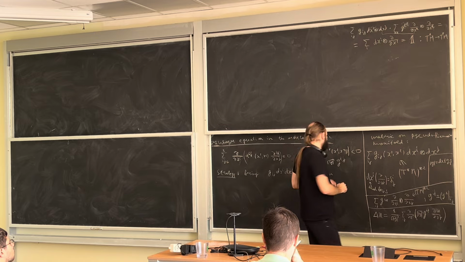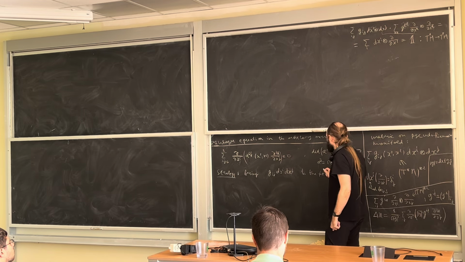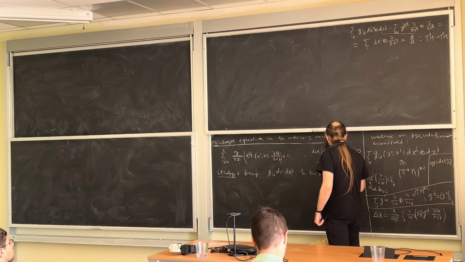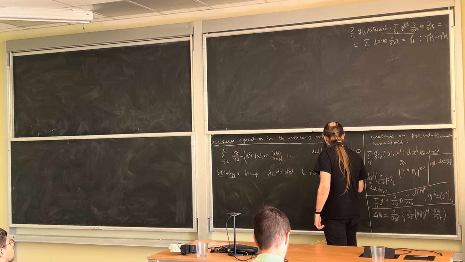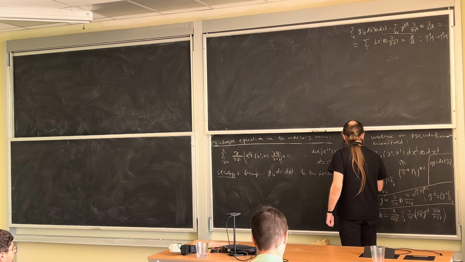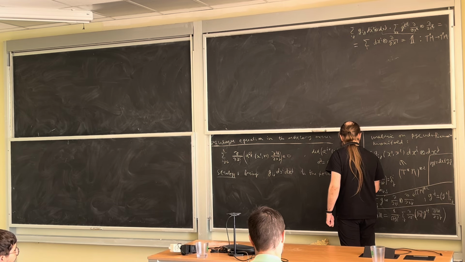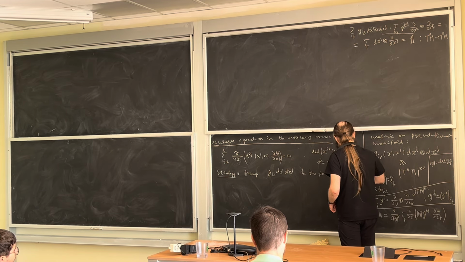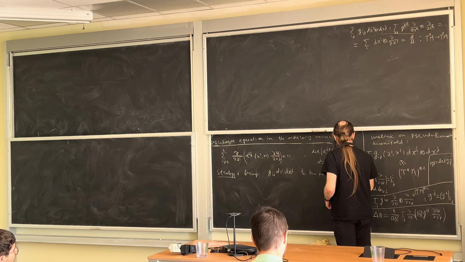So we want to bring it to the form some function that depends on everything, x1, x2, times dxi d eta. Maybe let us write here xi and eta.